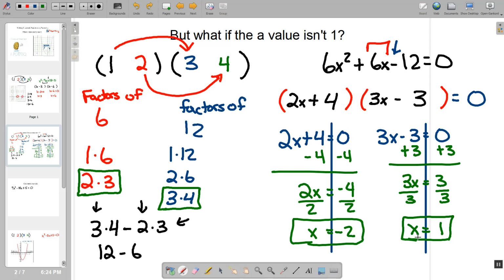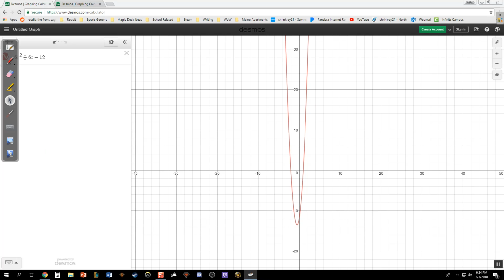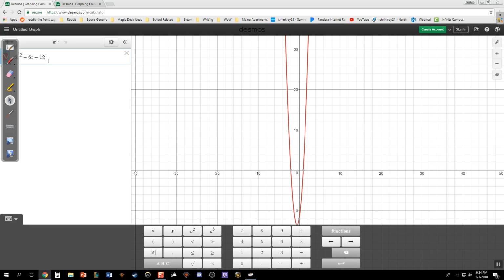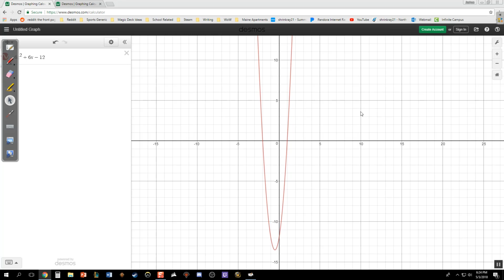I can check my answer just like I did in the last set of videos by using Desmos. And you notice here I have graphed the equation. It's hard to see on the edge. But 6x squared plus 6x minus 12. And I could put this as equal to 0, or I can just leave it here on Desmos. To actually see what the graph looks like, I can zoom in and look around.